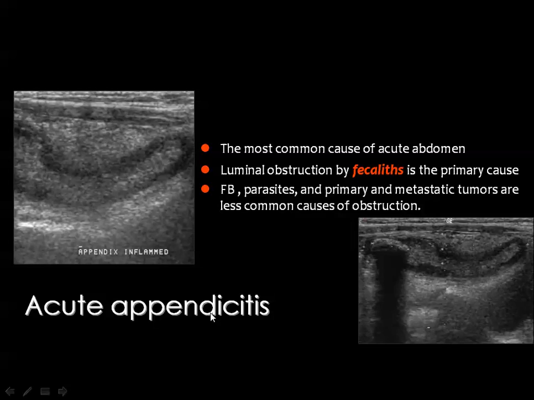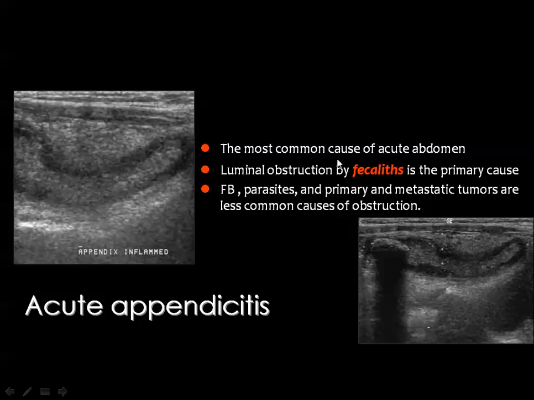Ultrasound is one of the good tools for diagnosis of acute appendicitis. Here you can see that the appendix is dilated, it is filled with fluid, the wall is edematous, and many times you can see this foreign body inside the appendix, which is known as appendicolith or fecolith.